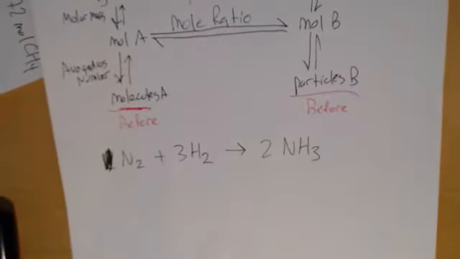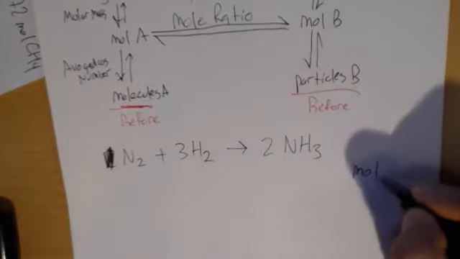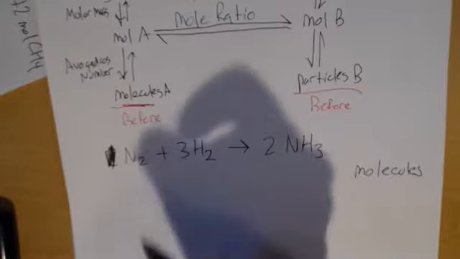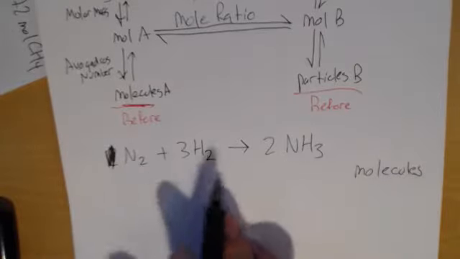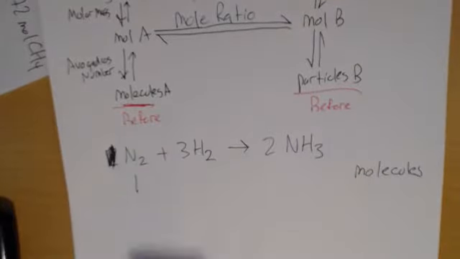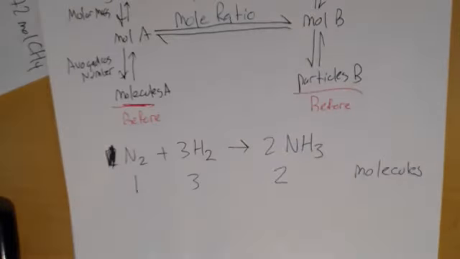In this relationship, I can look at molecules, just like we did before. This balanced equation says 1 molecule of nitrogen reacts with 3 molecules of hydrogen to make 2 molecules of ammonia. Would you agree?